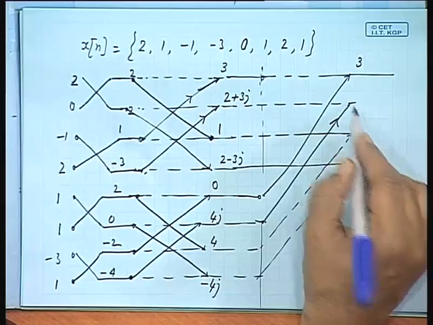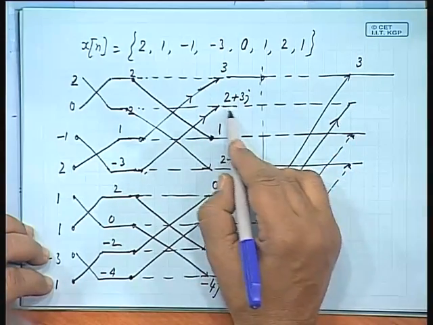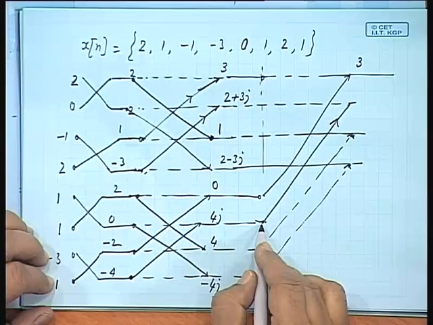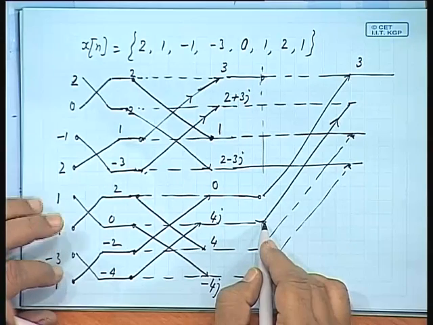What will be this value? 2 plus 3j into 4j into how much? Now, it is W81, is that all right? W81 is minus 45 degrees. So, minus 0.707, sorry, the real part is positive.